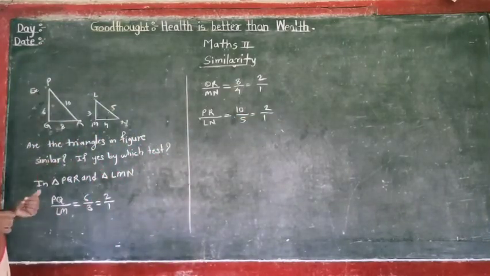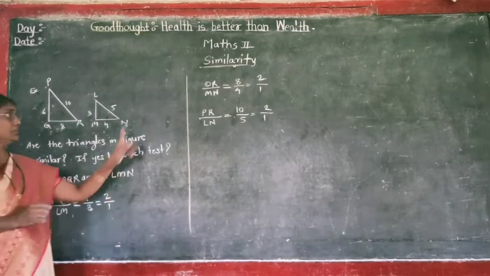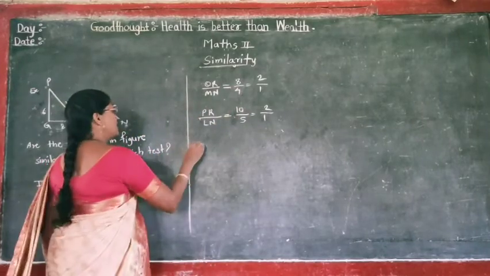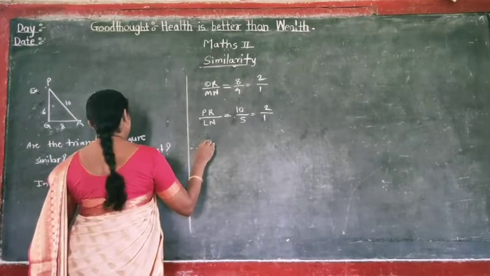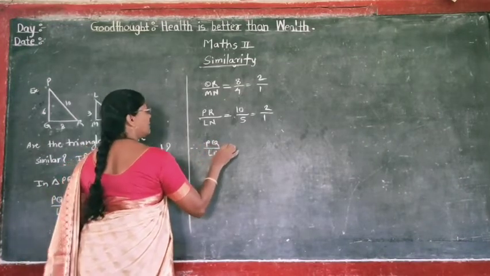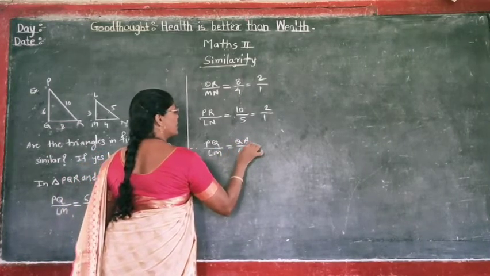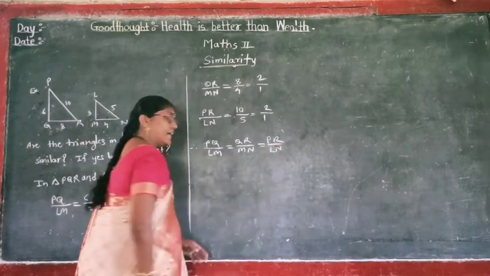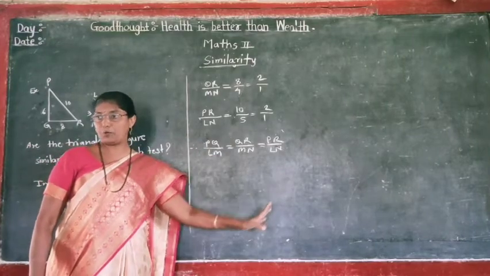Now see, observe. Value of first ratio is 2, second ratio is 2 and third ratio is 2. That means all these ratios of corresponding sides are equal. PQ upon LM is equal to QR upon MN is equal to PR upon LN. And that means the corresponding sides are in the same proportion.